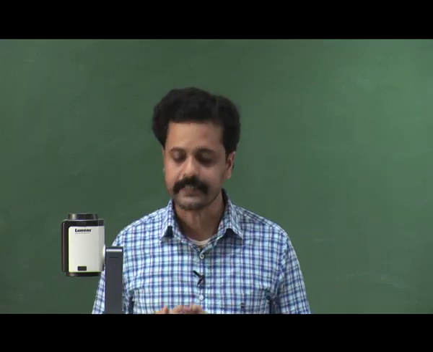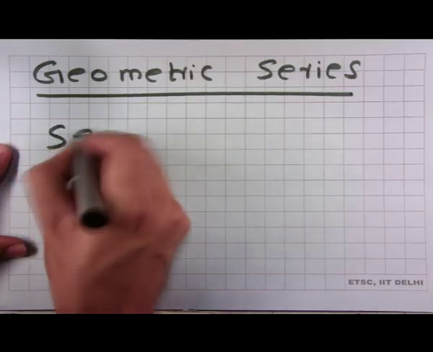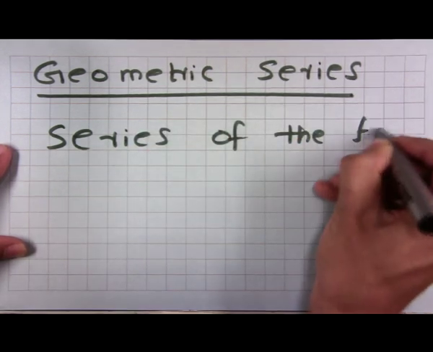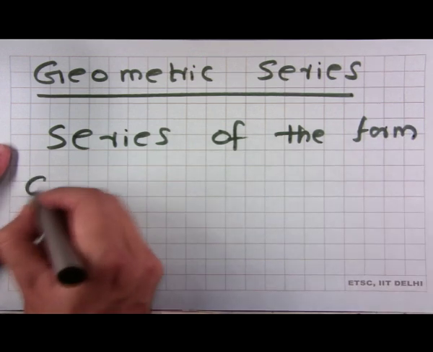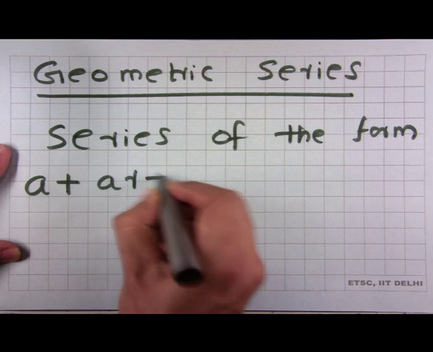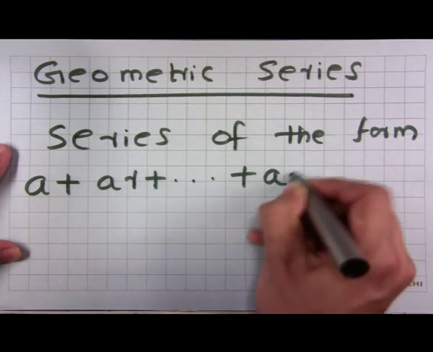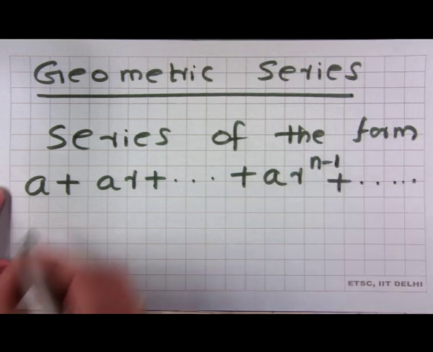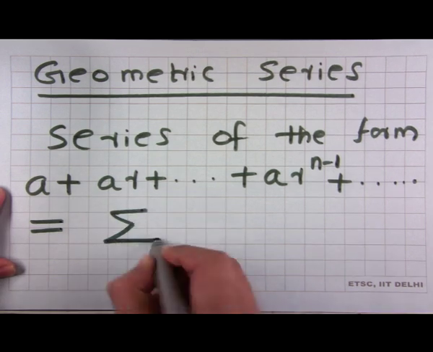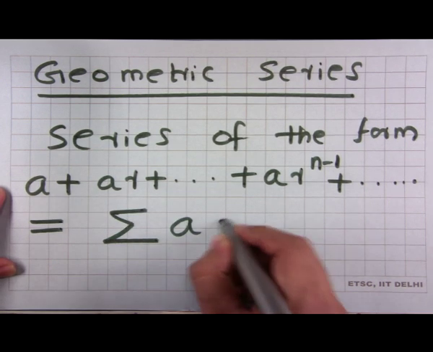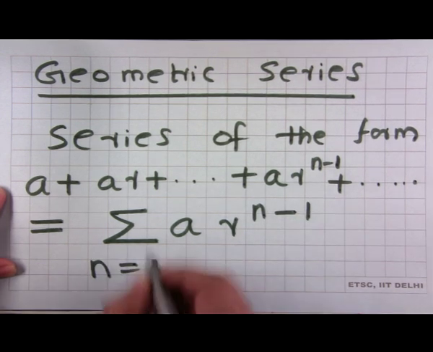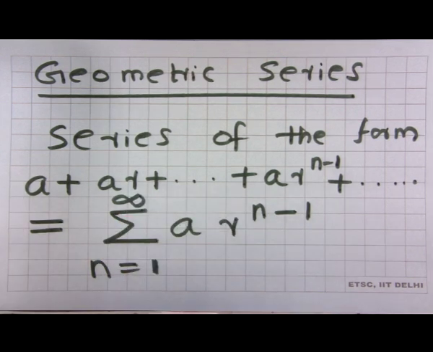Now we deal with its sum. A series of the form a plus ar plus etc. plus ar to the power n minus 1 plus etc., the infinite series which can be written as summation ar to the power n minus 1, n equal to 1 to infinity, is called a geometric series.